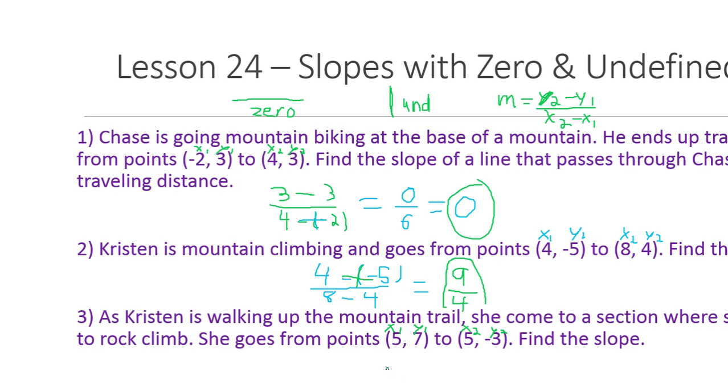Then what we're going to do is plug in the formula. -3 minus 7 over, and then the other one is going to be 5 minus 5.